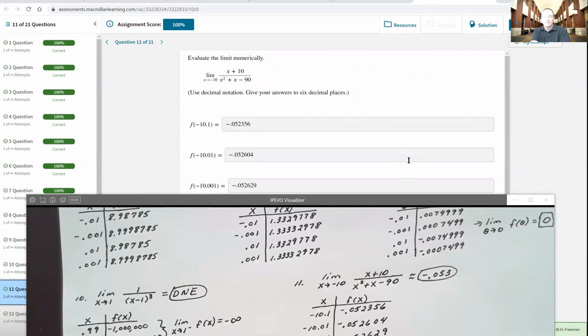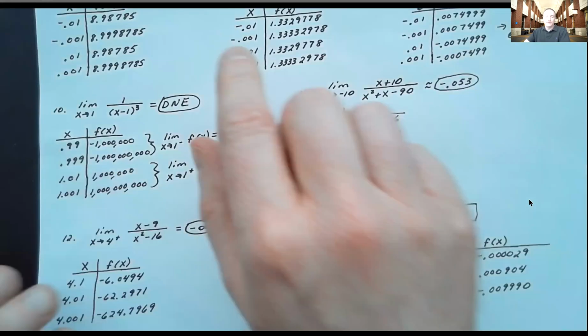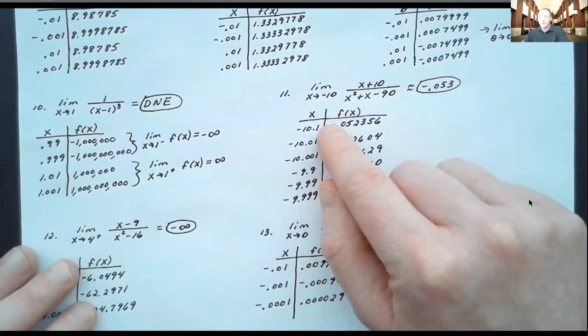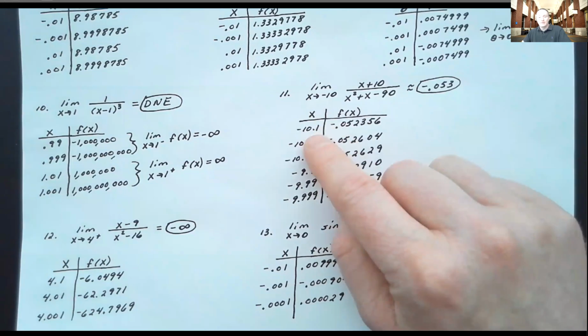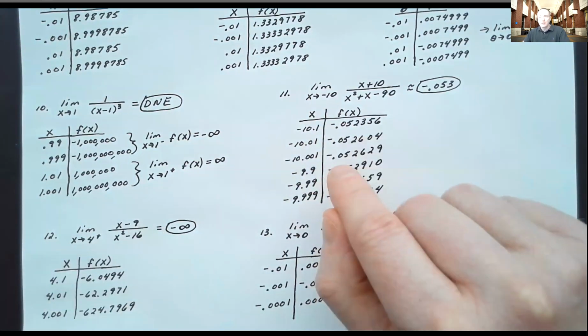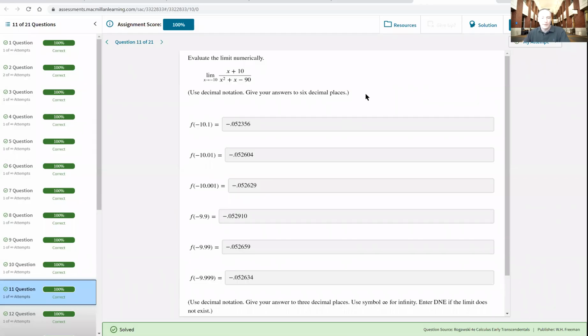So I was kind of suspecting that they might, because typically I would prefer just to do 2 to the left and 2 to the right. But the reason I did more than that this time is because they had you put all these function values in. So in number 11, they're wanting you to put f of -10.1, f of -10.01, f of -10.001.